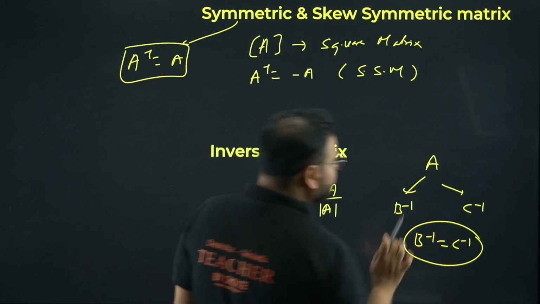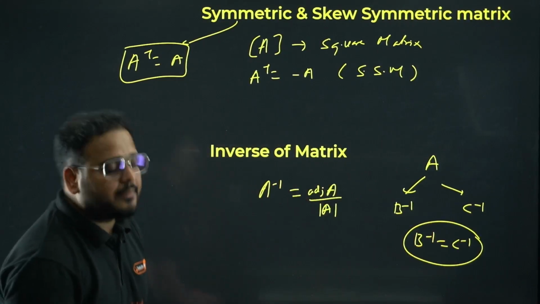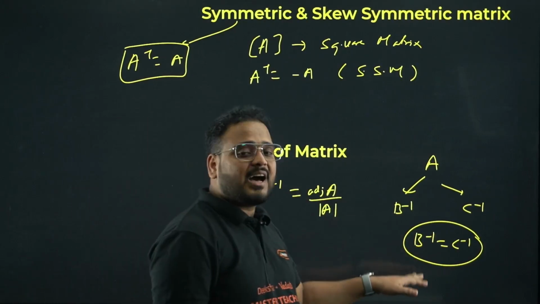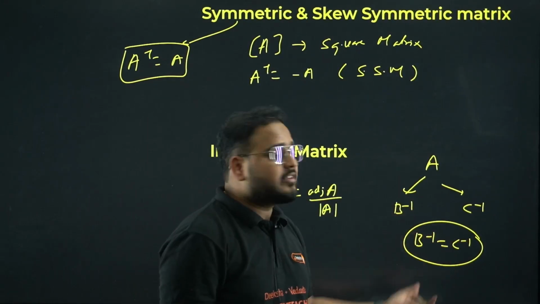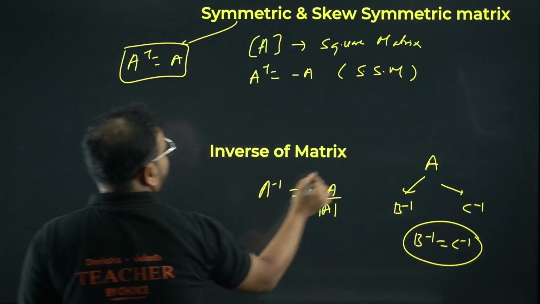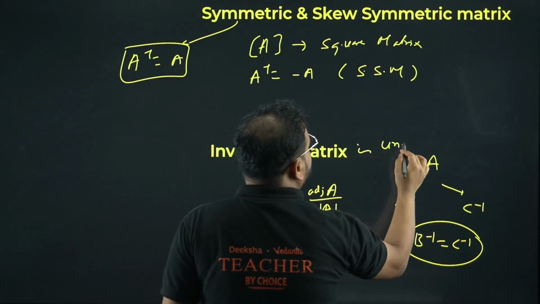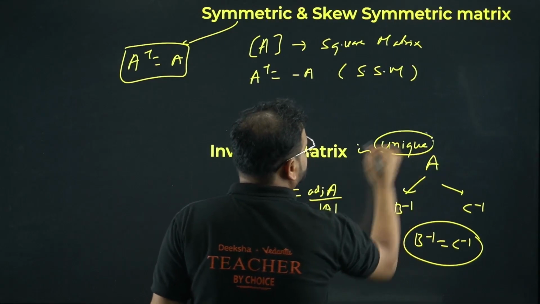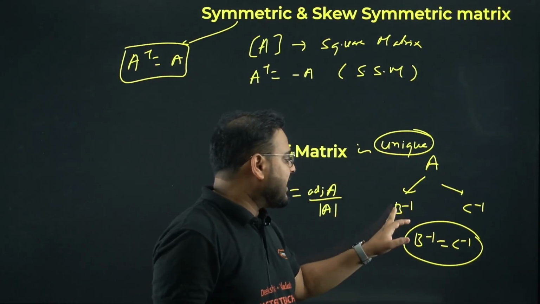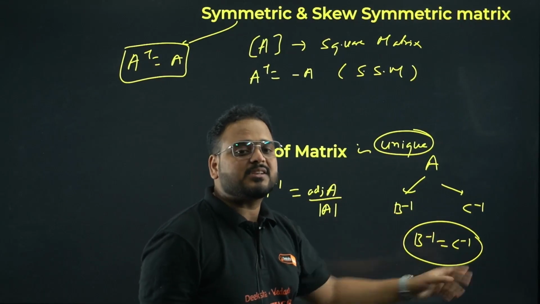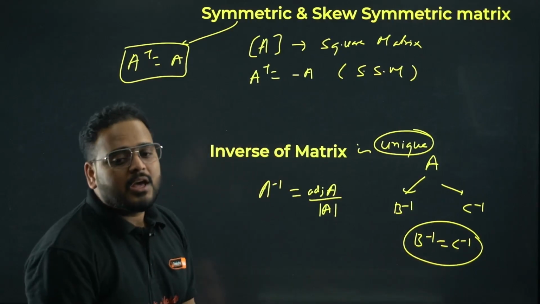Means for any given matrix, if it is invertible, the inverse will always be unique. Inverse of a matrix is always, understand this, unique in nature. Means if I have a matrix A, for this I have two inverses, B inverse and C inverse, they'll be equal to each other because they'll be unique in nature.